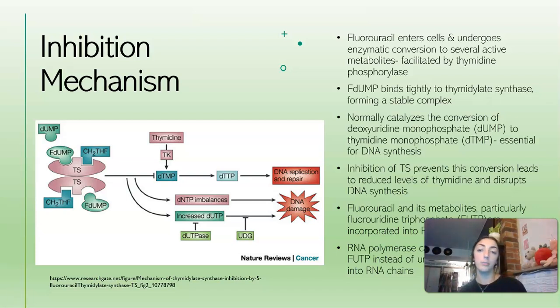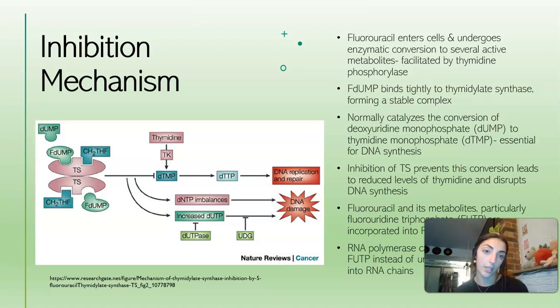The mechanism that fluorouracil uses is shown on the left here. Well, a diagram kind of showing it is shown on the left here. It first enters the cell and undergoes enzymatic conversion to several active metabolites, and like stated earlier, that's facilitated by thymidine phosphorylase.